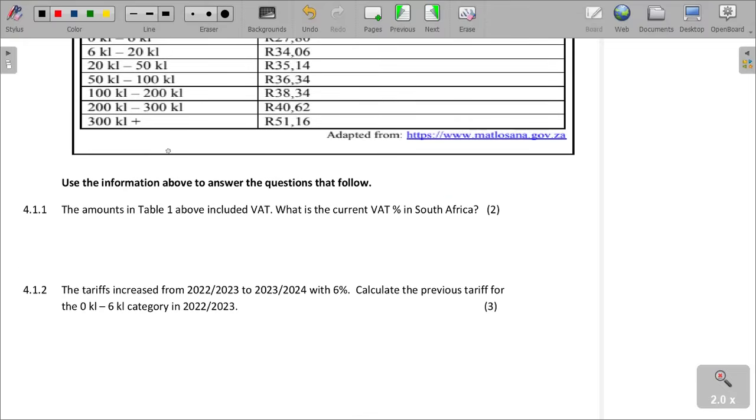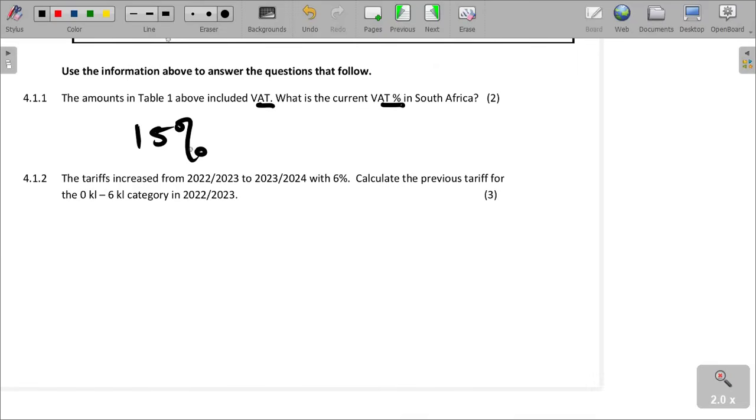So the first question is saying the amounts in table 1 above included VAT. What is the current VAT in South Africa? I remember, you know that South African VAT is 15%. 15% is South African VAT, and VAT is what we call value added tax.